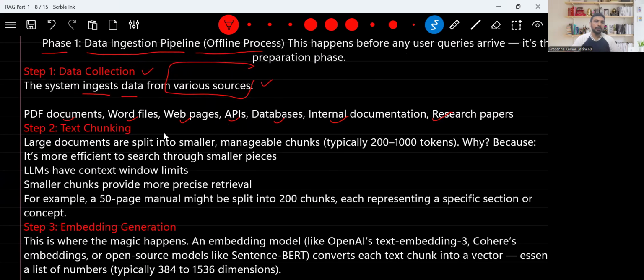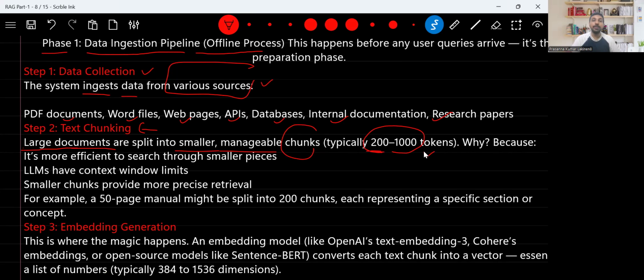After that, we do text chunking. That means we cannot give the large document as it is. We are splitting the large documents into smaller manageable chunks. Typically, every chunk may contain 200 to 1000 tokens.